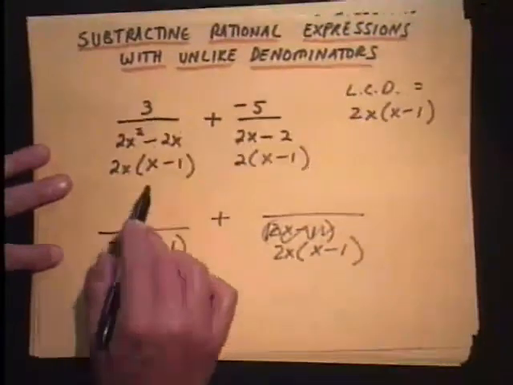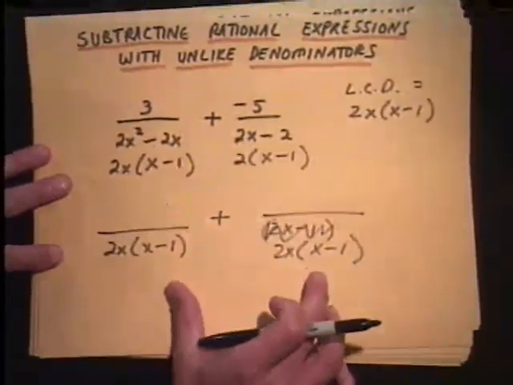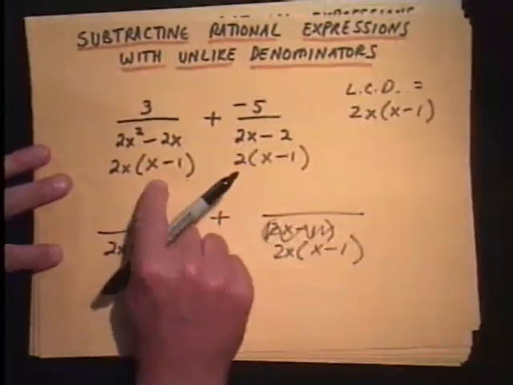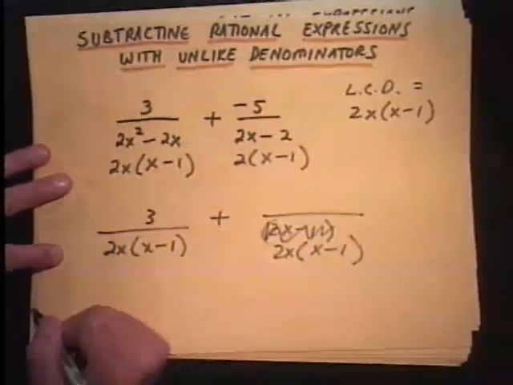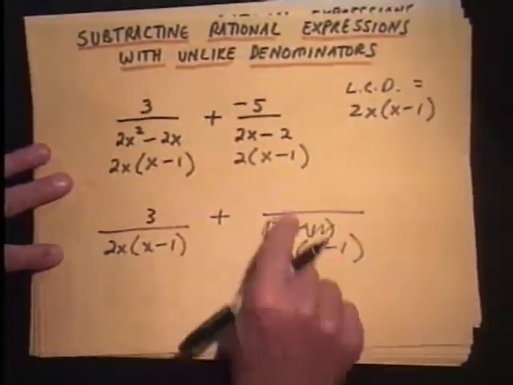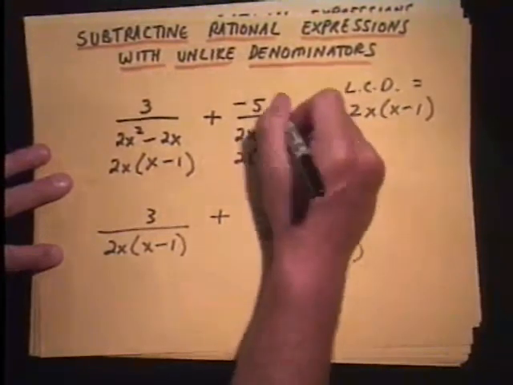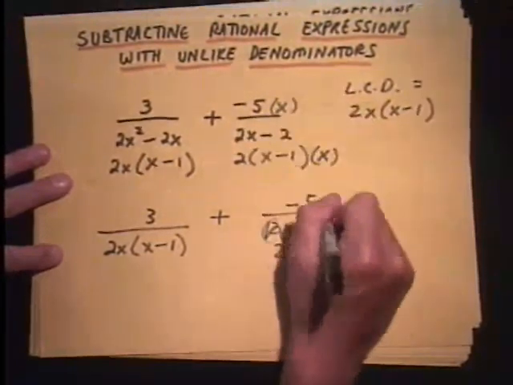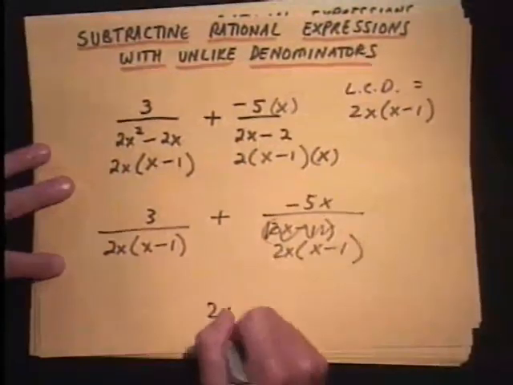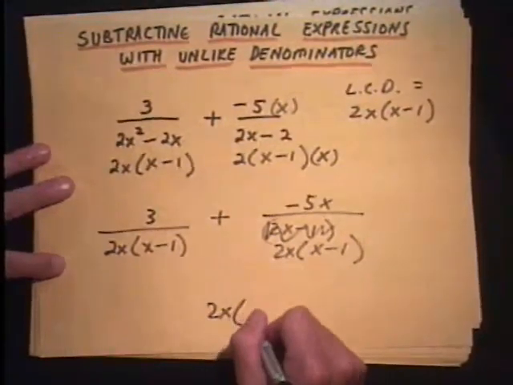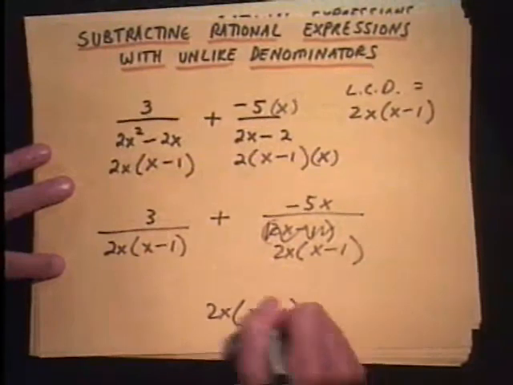Now let's change these into equivalent fractions with that same denominator. So this one, bottom don't change, top don't change. This one is missing the what? It needs an x. So we'll multiply both bottom and top by x, which gives us a minus 5x. So now we can write 2x times x minus 1 in the bottom.